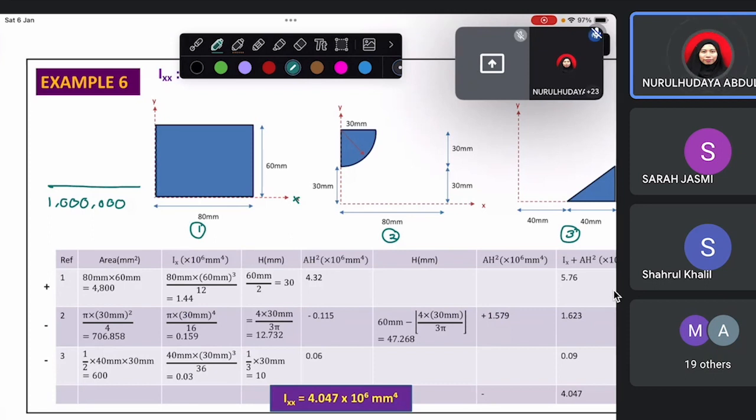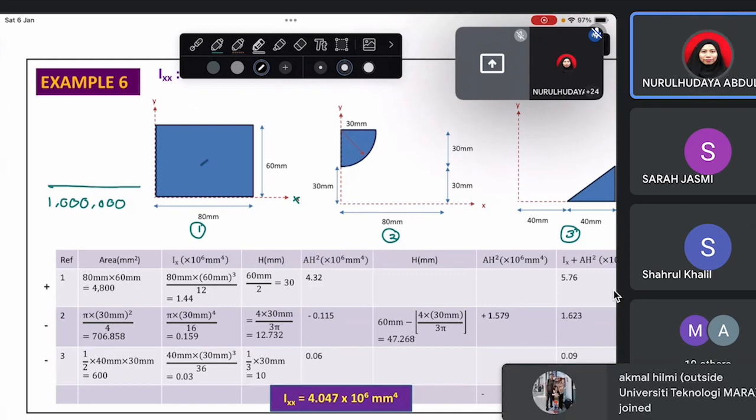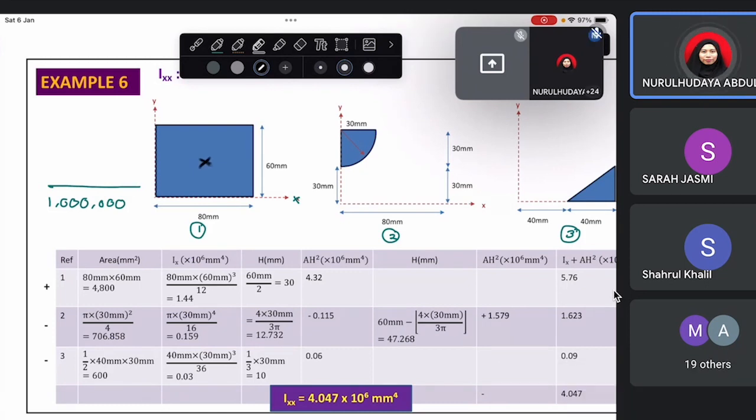Then you need to calculate the value of H. Okay, why do we have to calculate H? Because now, the value of inertia BD cubed divided by 12 for your rectangle is in reference to, or about, the centroid of the rectangle.